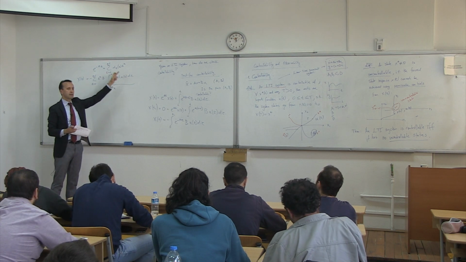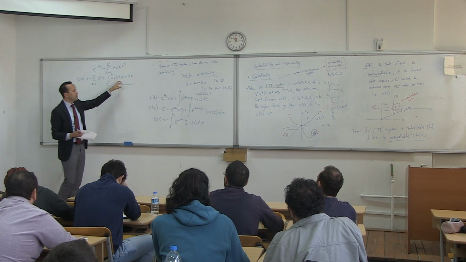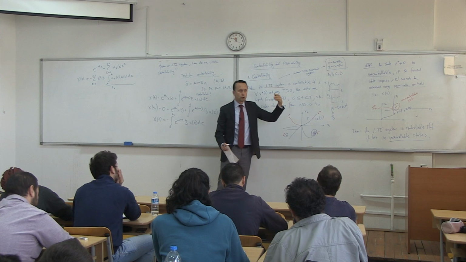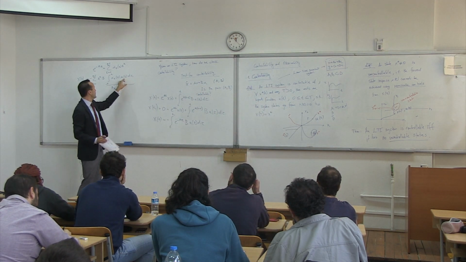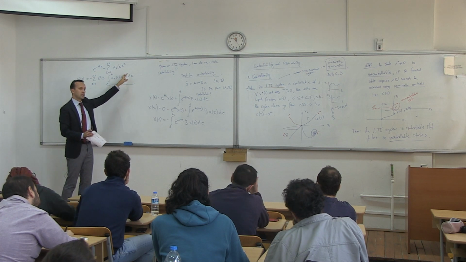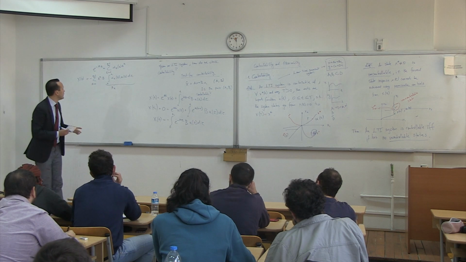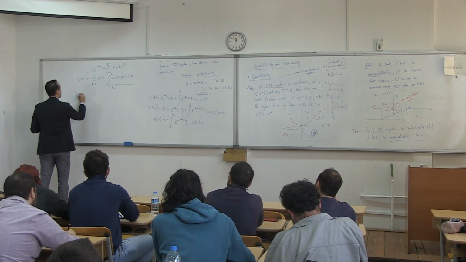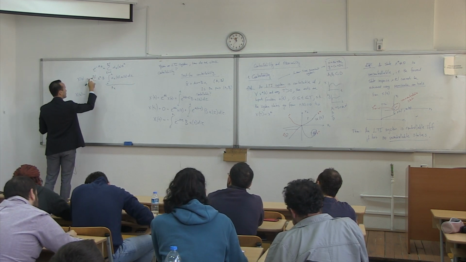So this will be some finite number if u is not infinity. And u cannot be infinity because u must be a permissible control, and u infinity is not a permissible control. So u is a finite number, so is alpha, and so is this integral, and therefore beta k is a finite number, okay?